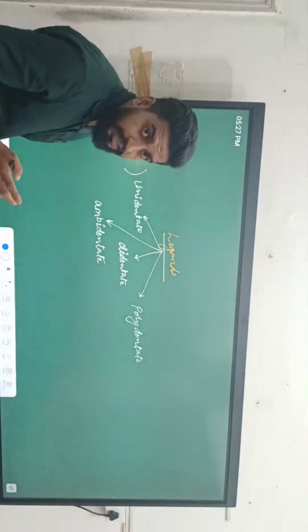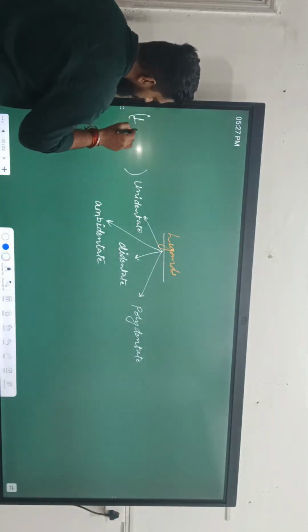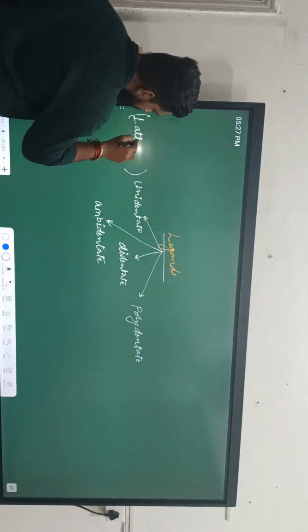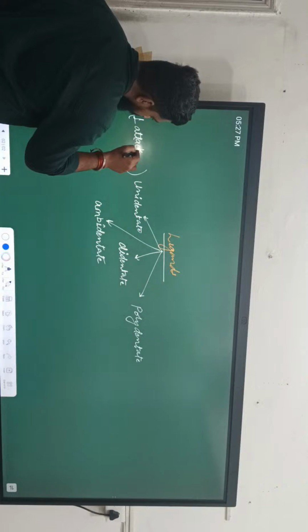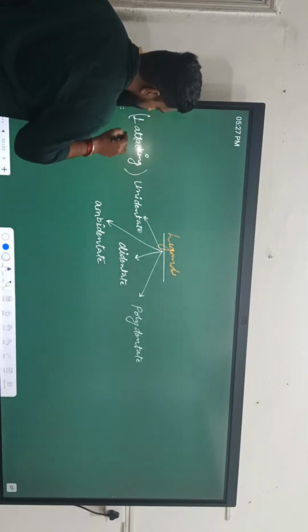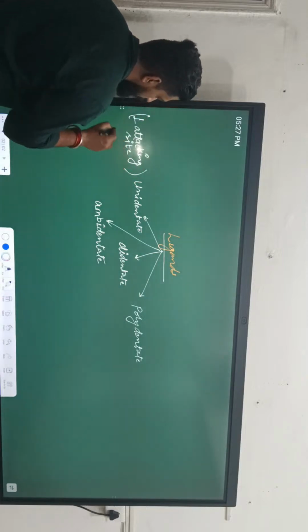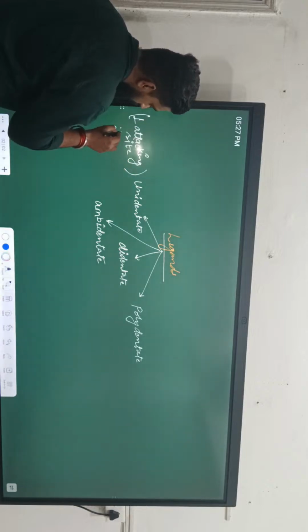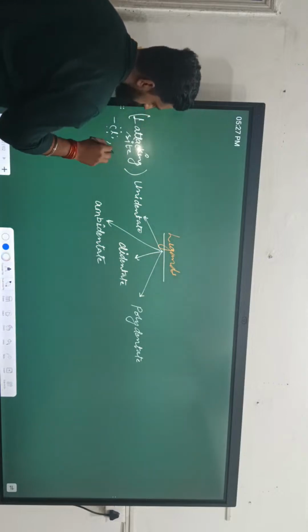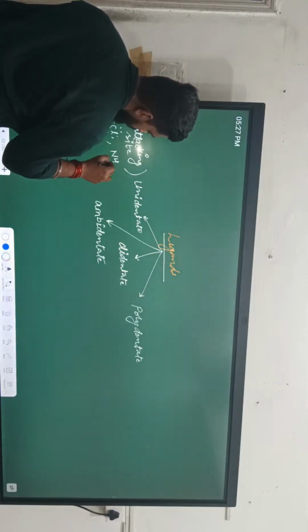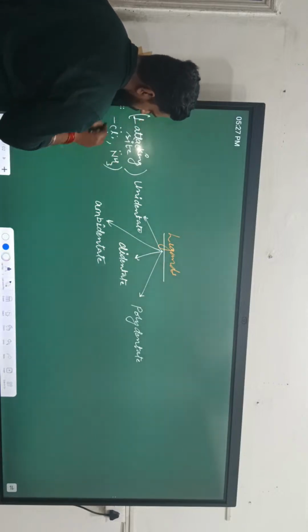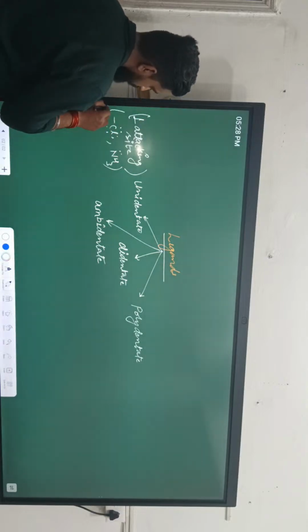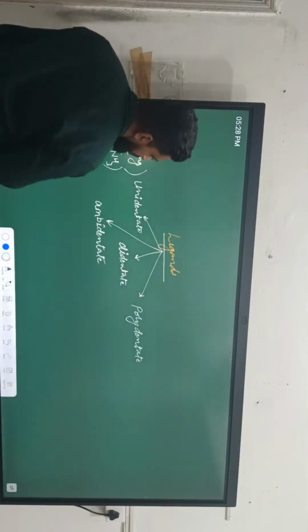The type of ligand which has only one attaching site is unidentate. Example, Cl, NH3. These are examples of unidentate ligands.